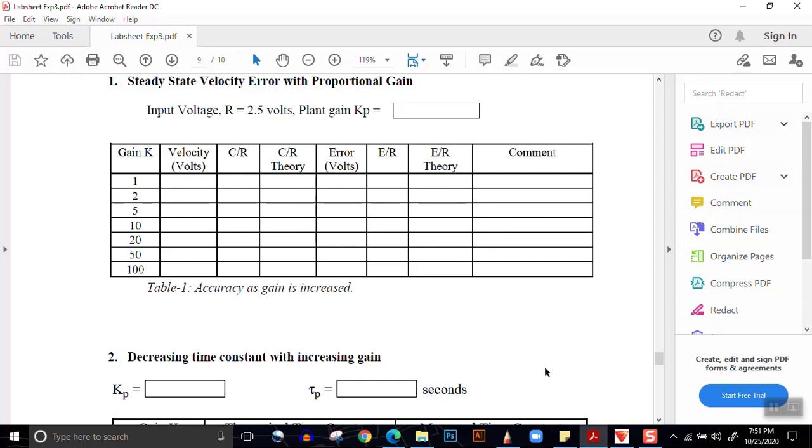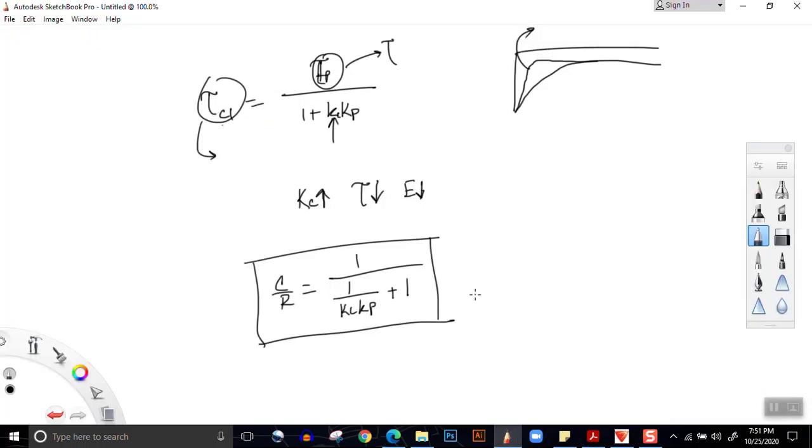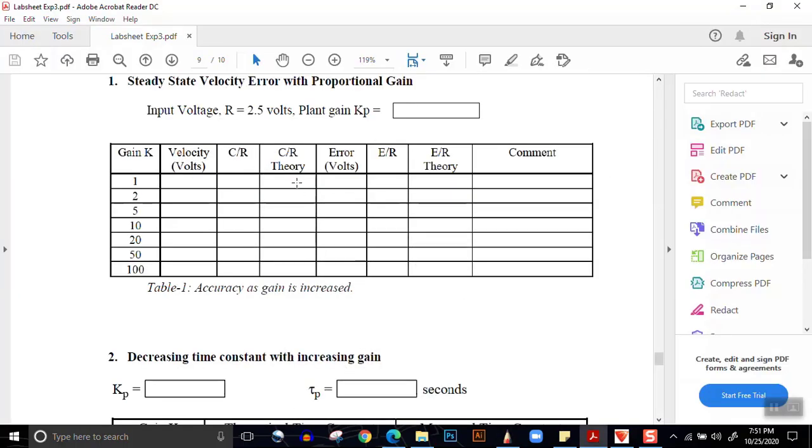Now, what is C by R theory? C by R theory would be, we have a value of Kc which is 1, we know Kp, then putting the values of Kc and Kp in this equation will give us C by R. That value of C by R we will put in this column. Then we will find the errors.